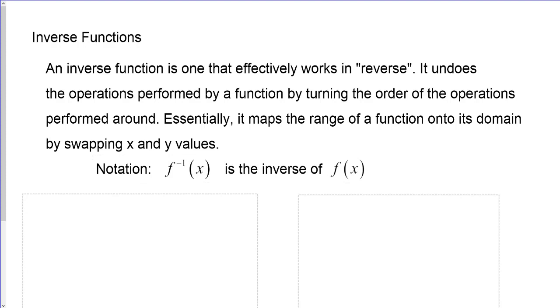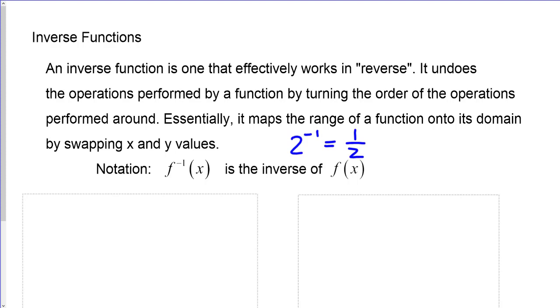The notation that we use for an inverse is f to the negative 1 power of x, which we read as f inverse of x. And it's kind of an unfortunate notation because students at first think of, like, if I had 2 to the negative 1 power, that would mean 1 over 2, to take the 2 down into the denominator.